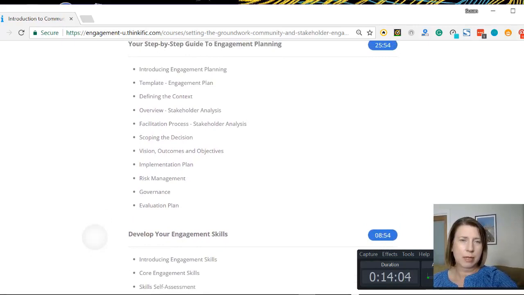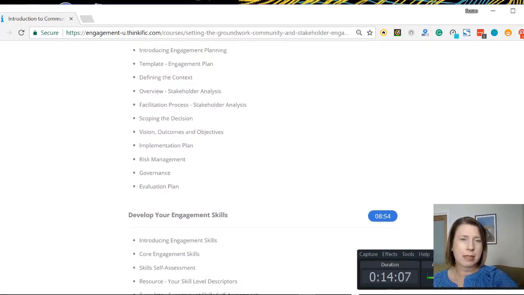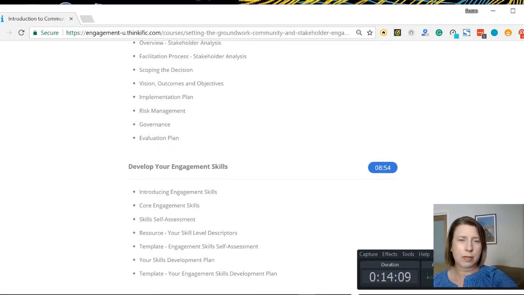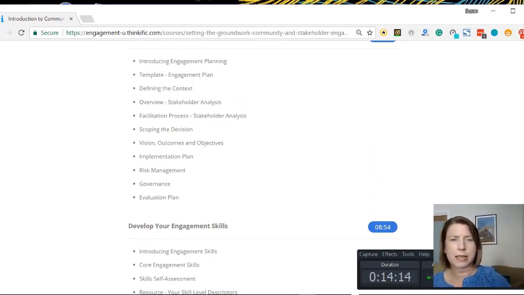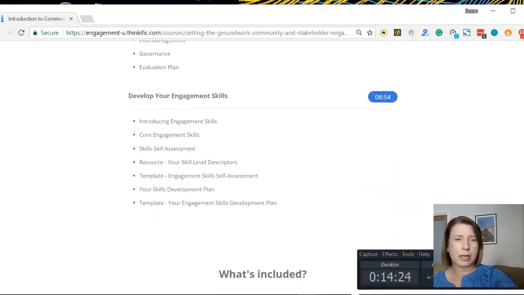There is the engagement template in there if you buy today, and all the other resources that will help you in there, including a facilitation process, as you can see, for you to run a stakeholder analysis, which again, you'll be able to use again and again. And this is developing your engagement skills, including a self-assessment for you to go through what you feel your skills are at the moment in each of those areas, and a development plan for you to work on over the next course of 6 months, 12 months, 3 months, whatever you choose there.